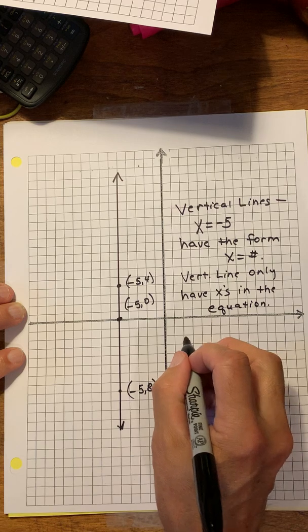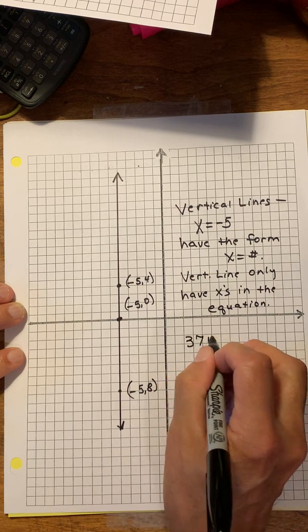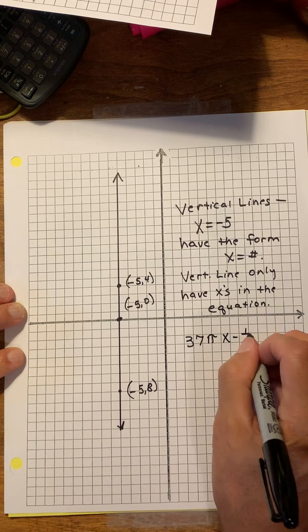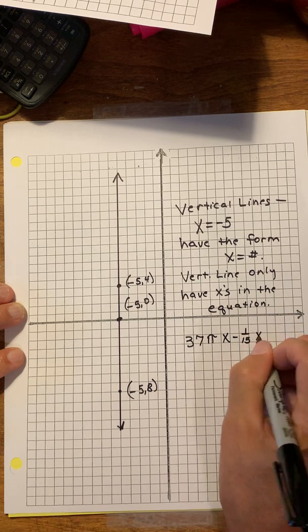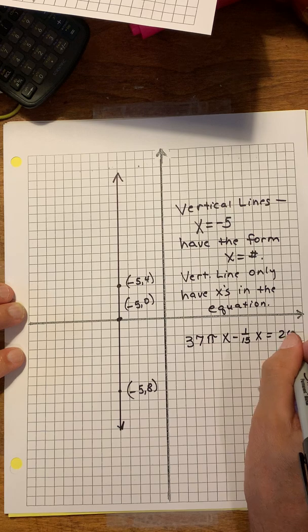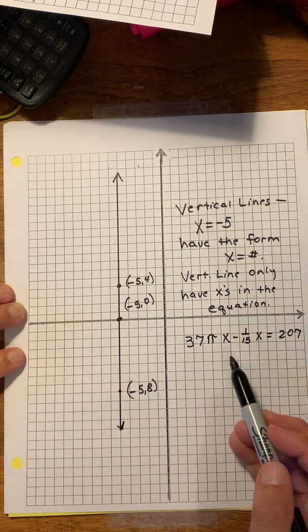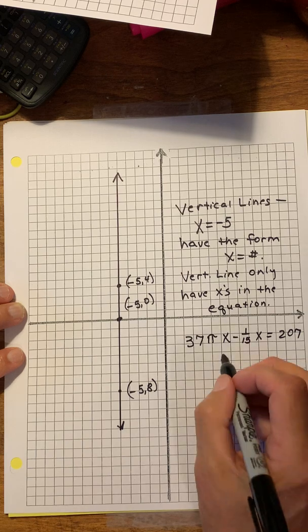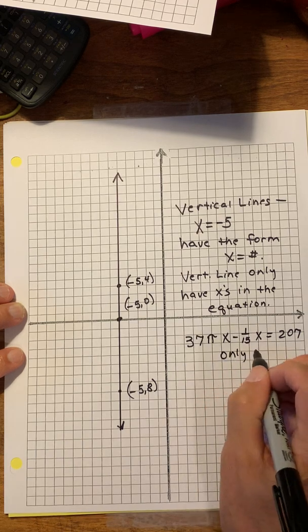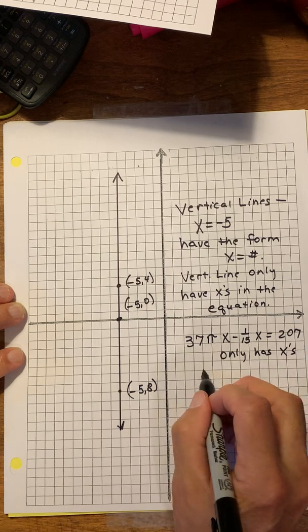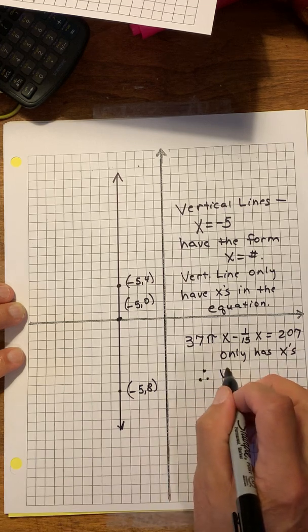If you have something like 37 pi x minus 1/15 x equals 207, it's an ugly looking equation, but it only has x's. And so I know, therefore, it is a vertical line.